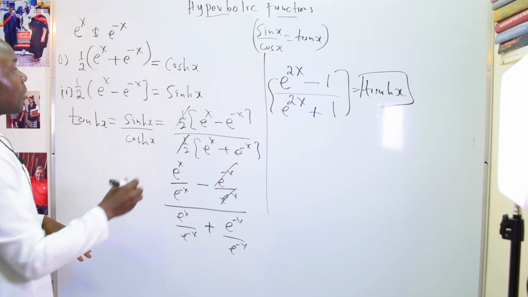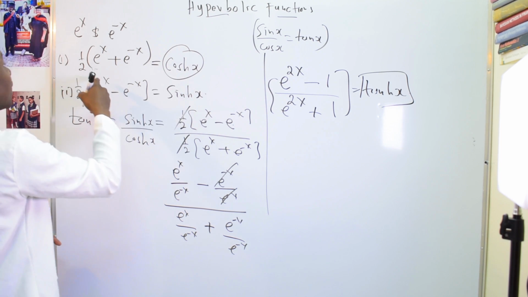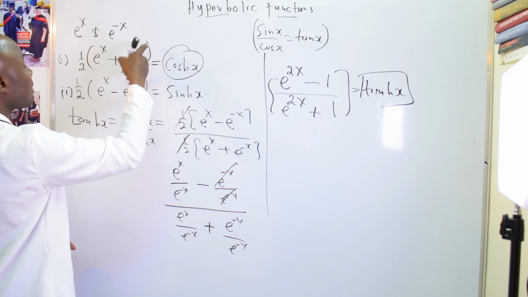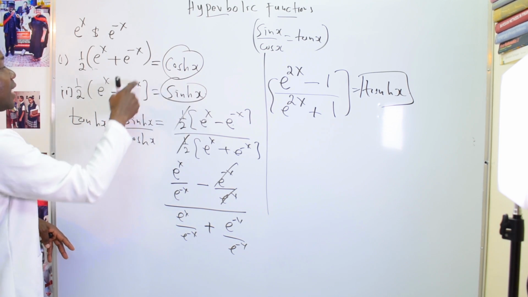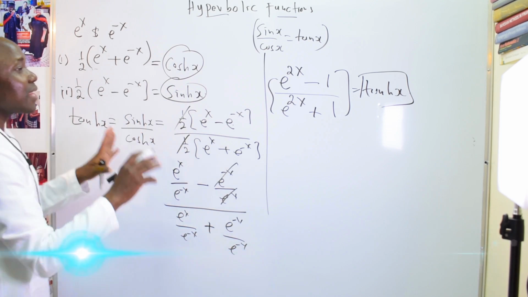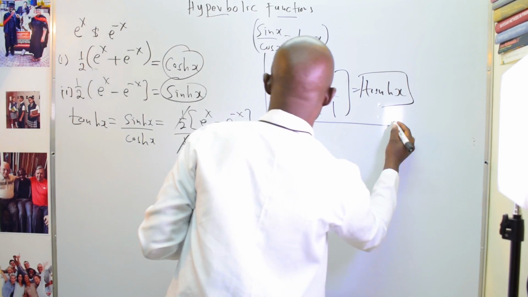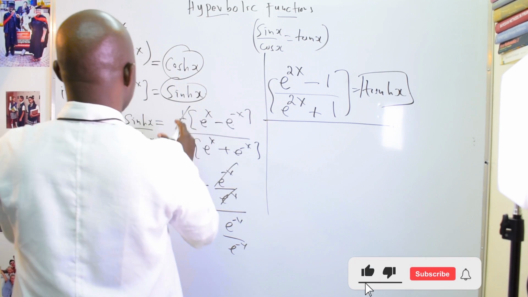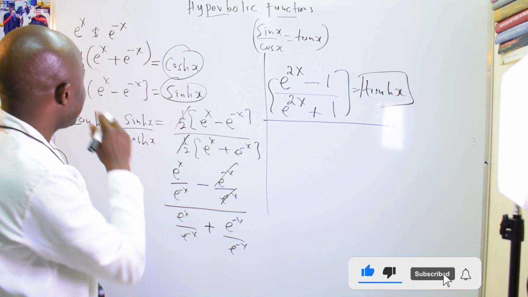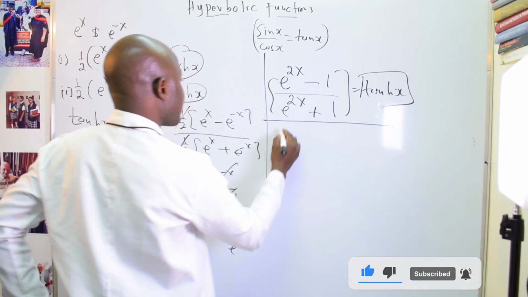So if anytime somebody asks you, cosh x is e power x plus e negative x over 2, sinh x is e^x minus e negative x divided by 2. So these are basics, because somebody can come and ask you in an exam, the moment they've given you such an equation, they can ask you to find x.